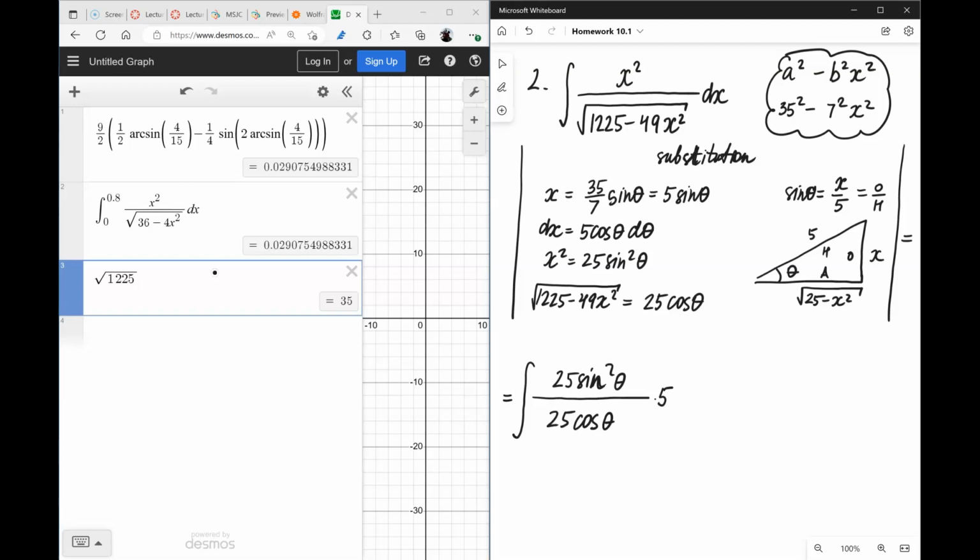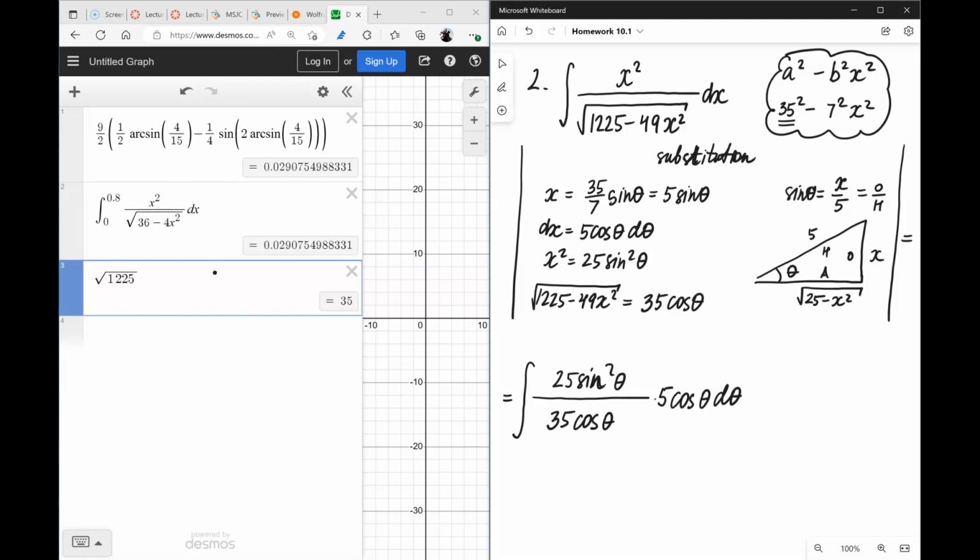Actually, hold on, the 49. Why do I say 25? I think this is 35 right here, because this number should be matching this number. So this will be 35. Yeah, something wasn't adding up here. So now it's right.